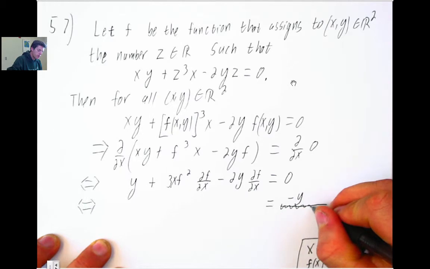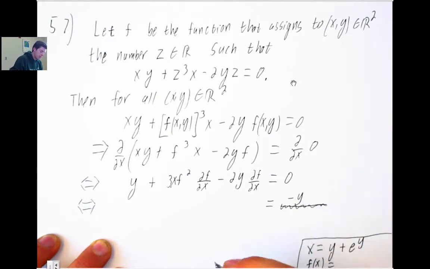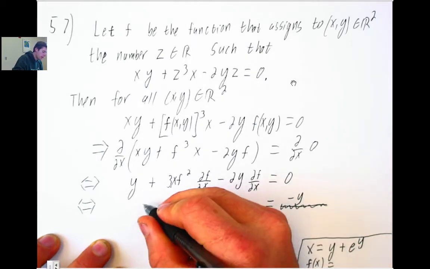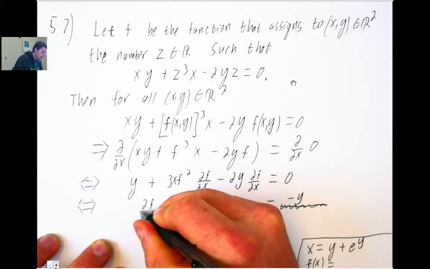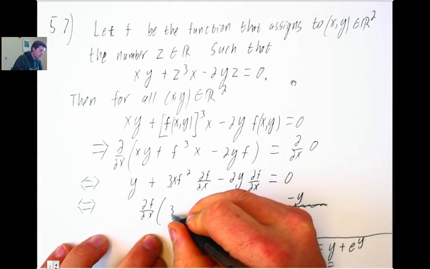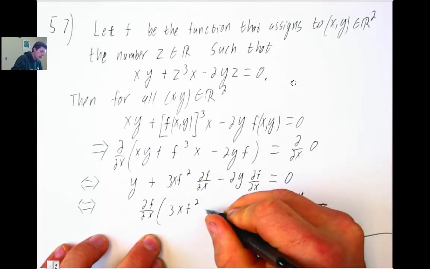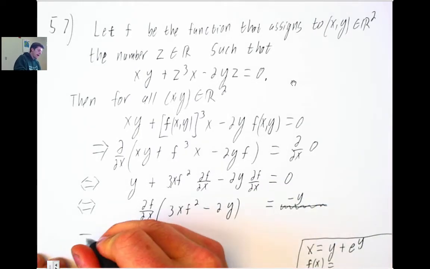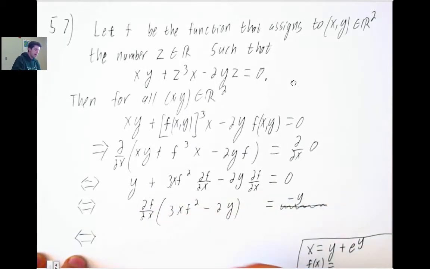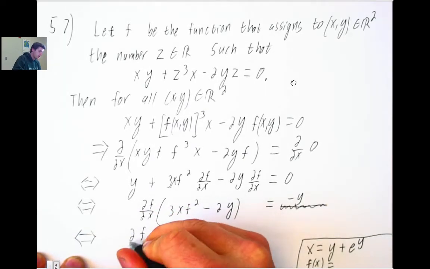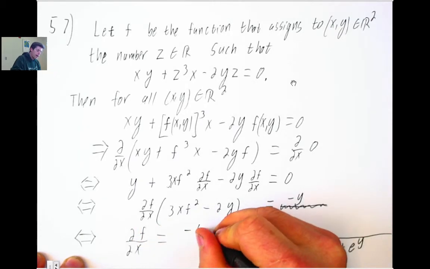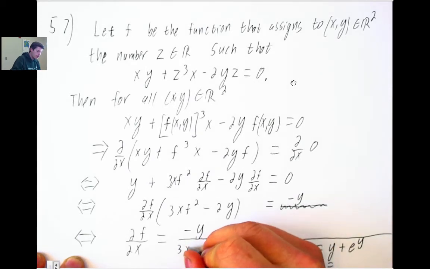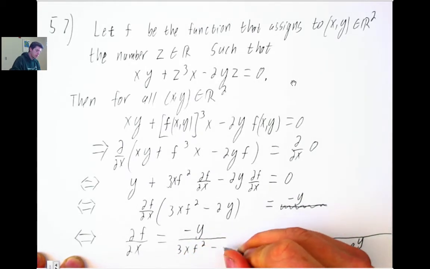Okay, so that I don't confuse too many people, I'm going to do this a little bit slower than I was planning. I'm going to factor out df dx, and the two factors that go with this are 3xf squared and minus 2y. And that is equivalent to saying that df dx is negative y over 3xf squared minus 2y.